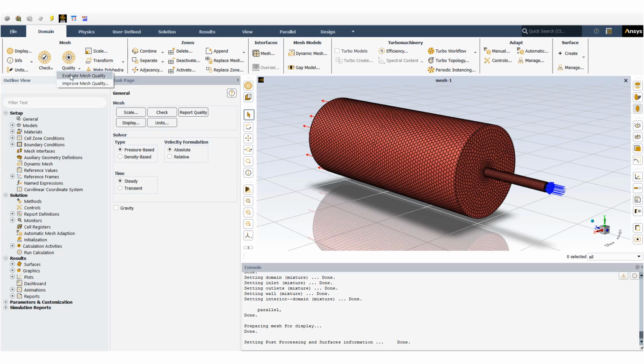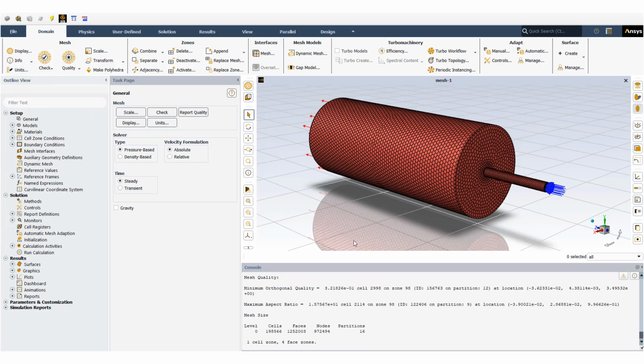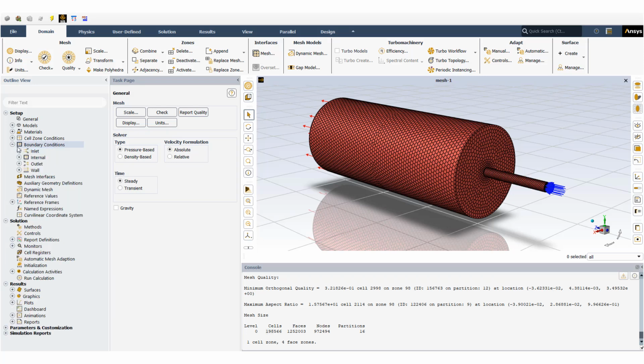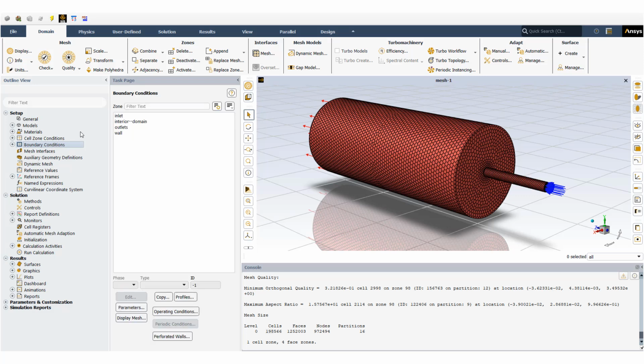If we check the mesh quality, you can see the minimum orthogonality is 0.033, which is good. And if we check the info, you can see it is about 199,000 to 200,000 cells. Let's check the inlet boundary conditions.